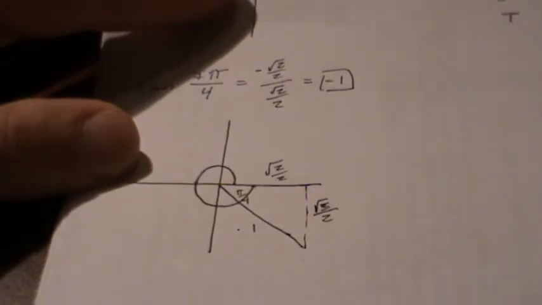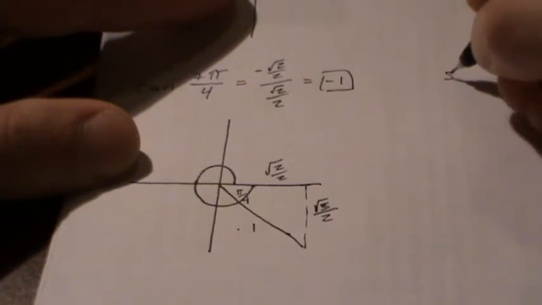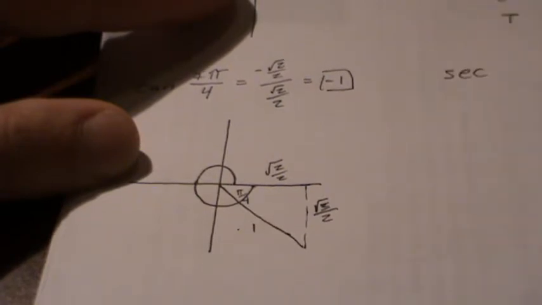Okay. Let's figure out another one here. Secant of, let's go with 3. No, I already did a 3. No, I can do that. 3 pi over 4.